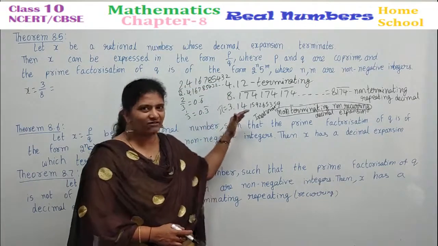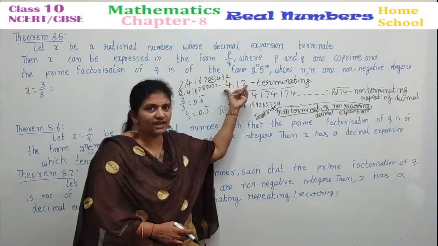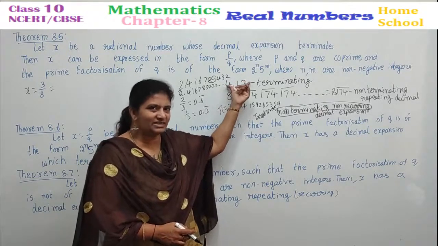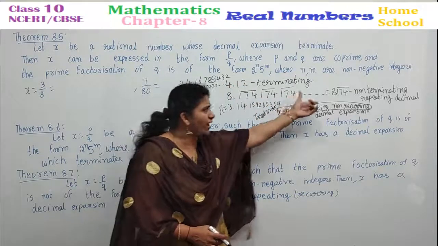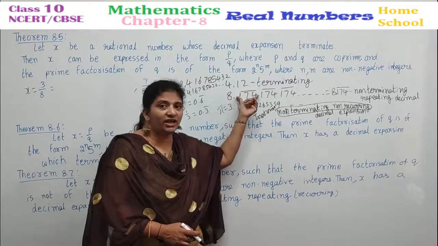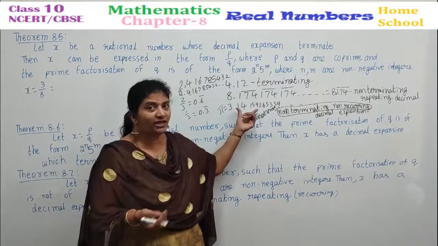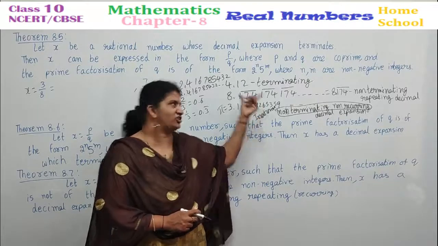Okay, once again, let's have all these 4 words here. This decimal expansion, there is an end, therefore it is a terminating decimal. And here there is no end and it is repeating. What do we say? Non-terminating, repeating decimal. And this one, non-terminating, non-repeating decimal expansion.